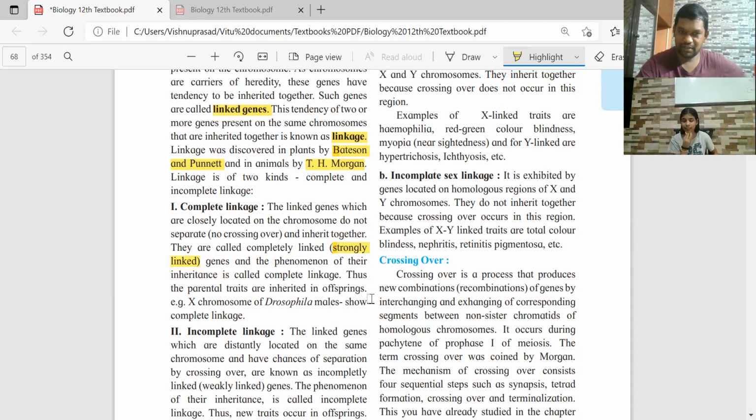For example, in Drosophila, you remember this insect, Drosophila? What is Drosophila commonly known as? Where are these insects found?